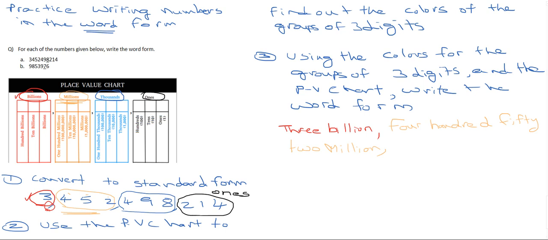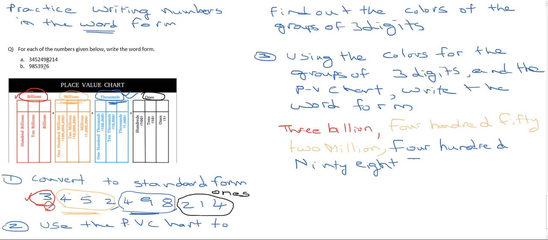Comma. Then we have the blue color, 3 digits, which corresponds to thousands. So it is going to be 498. And it corresponds to thousands.